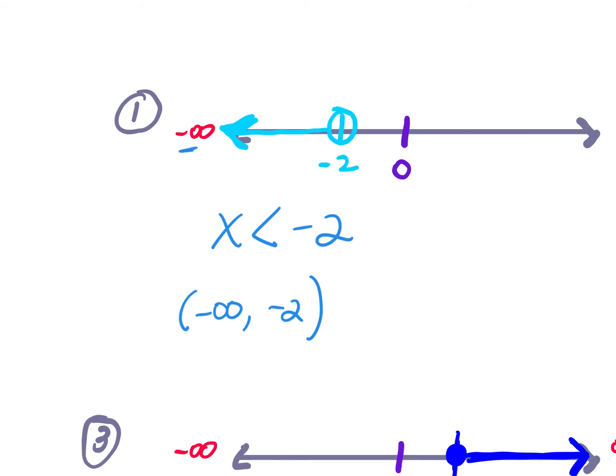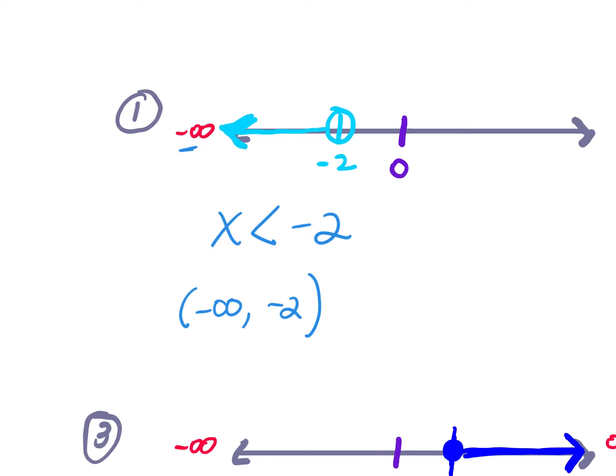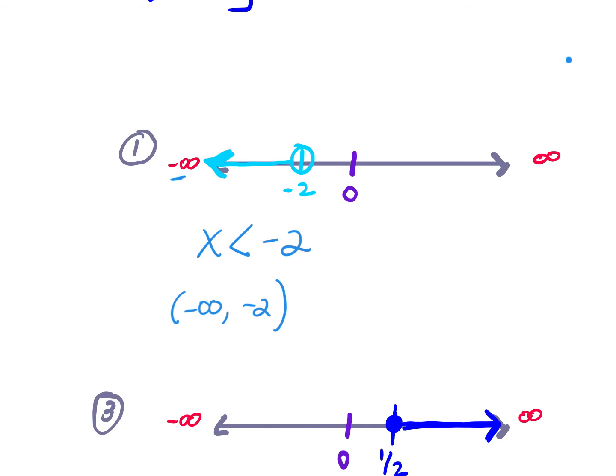A parenthesis. There's your interval notation. So when you are answering your questions on your test on Tuesday, all 3 parts constitute your answer. You solve for your inequality statement, you then graph, and then you give interval notation. All 3 things are needed for every one of your inequalities. Everybody understand that? All right, let's look at number 2.